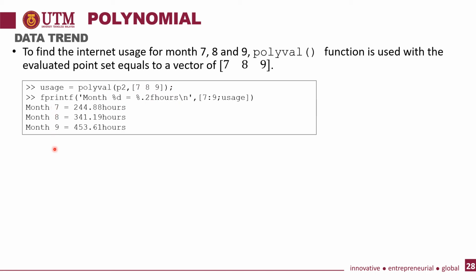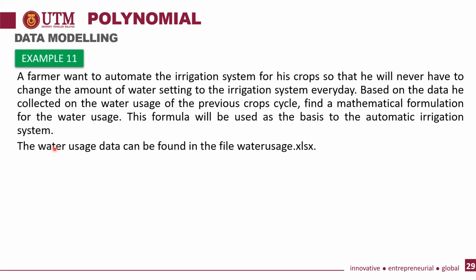Okay, so next is example 11. Example 11 is all about a farmer who wants to automate the irrigation system for his crops so that he will never have to change the amount of water setting in the irrigation system every day. So the farmer wants to automate the irrigation system.